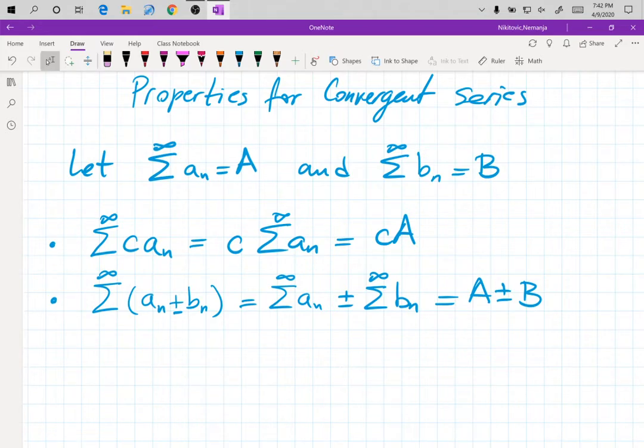And what else is good for convergence? Aha, the tail end. Okay. So I almost forgot. So let M be a positive integer.